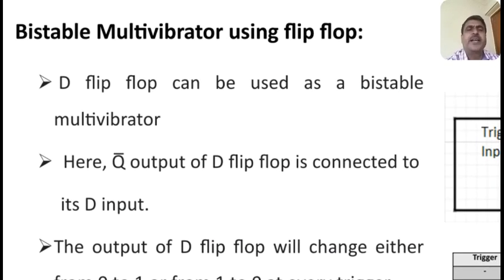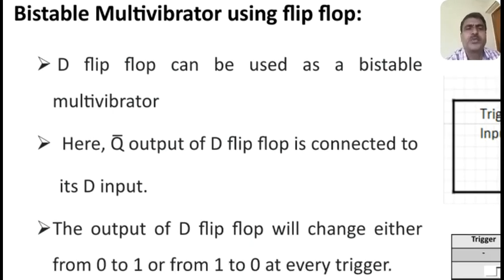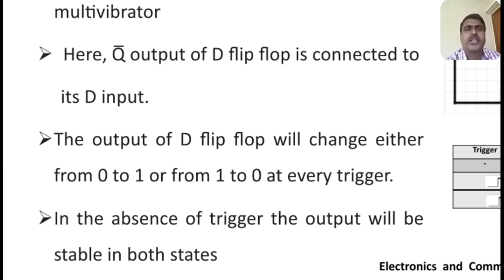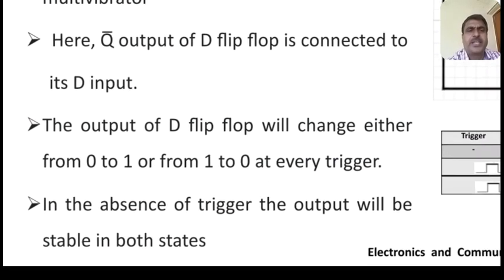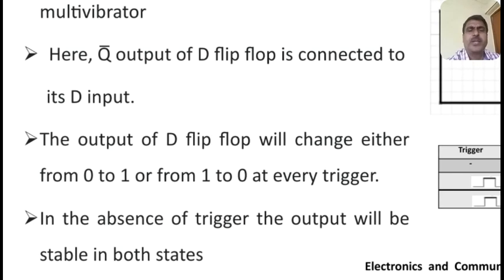The output of the D flip-flop will change either from 0 to 1 or from 1 to 0 at every trigger pulse. In the absence of a trigger, the output will be stable in both states.